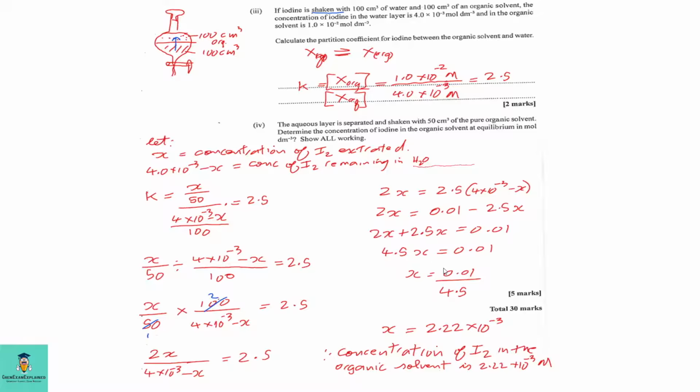So X is equal to 0.01 divided by 4.5. X is equal to 2.22 times 10 to the minus 3 moles per dm³, or capital M, which means molar. So the concentration of I2 in the organic solvent is 2.22 times 10 to the minus 3 moles per dm³.